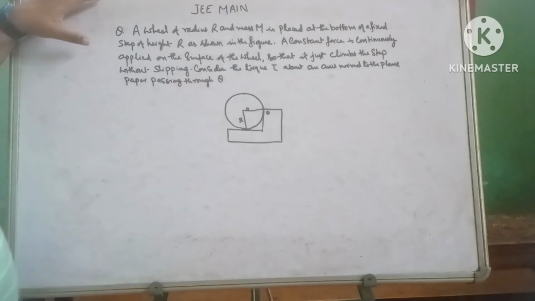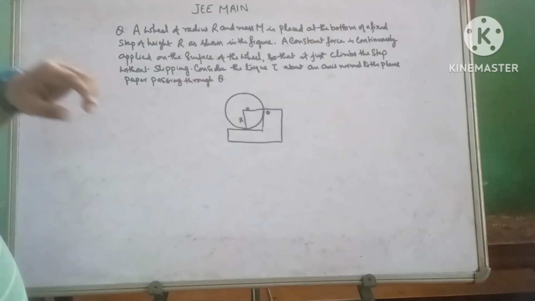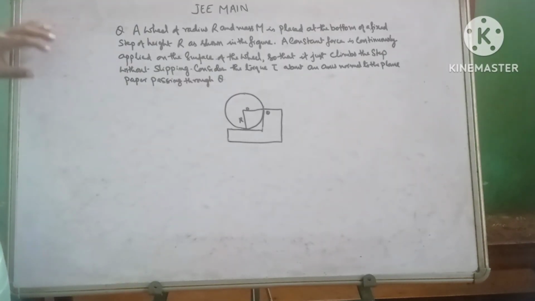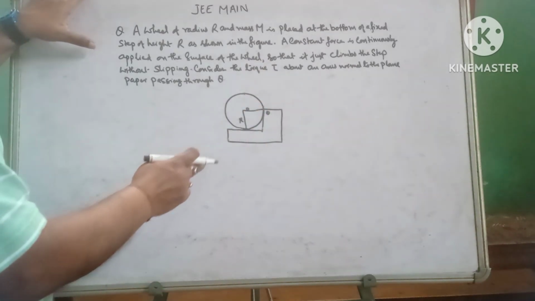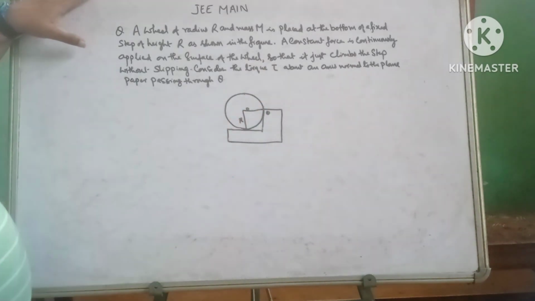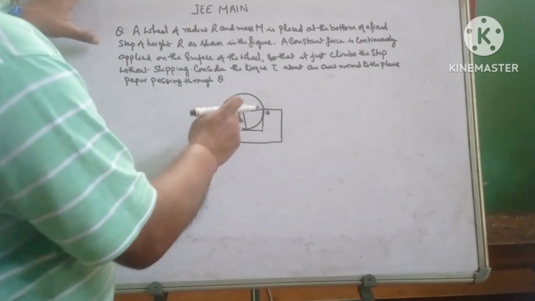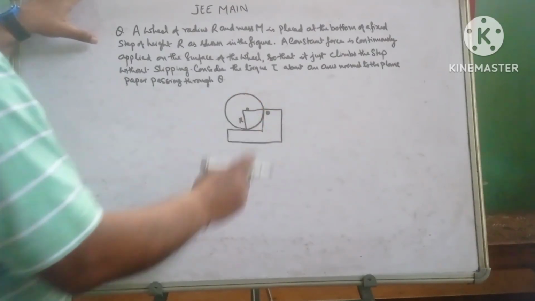The wheel is placed at the bottom of a fixed step, this is the step of height r.